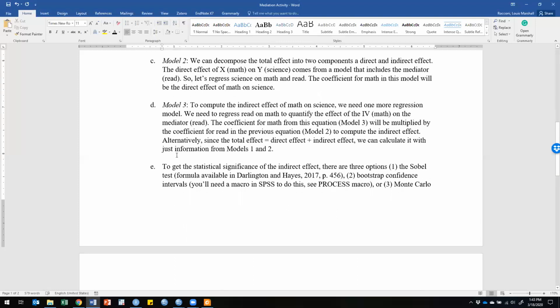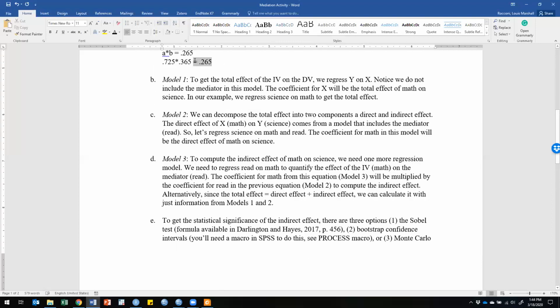One is the Sobel test. Basically you calculate a standard error by hand for this indirect effect, and then you compare the ratio of the indirect effect to the standard error to a Z distribution, and they give the formula in the book for doing that.